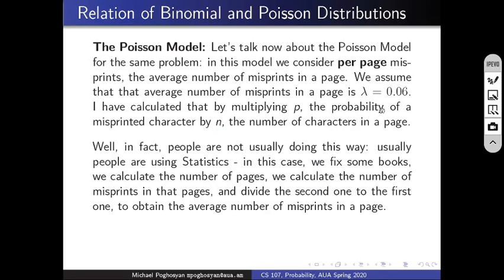Of course, this is one of the ways to calculate that lambda, but usually, in fact, people are not doing it this way when modeling with Poisson distribution. People are using statistics.